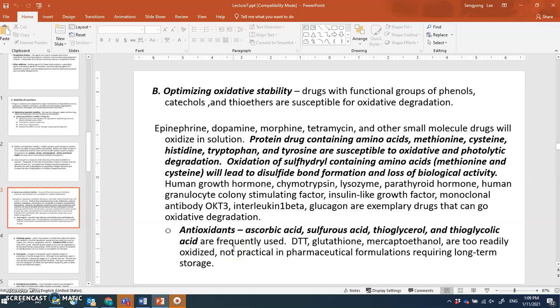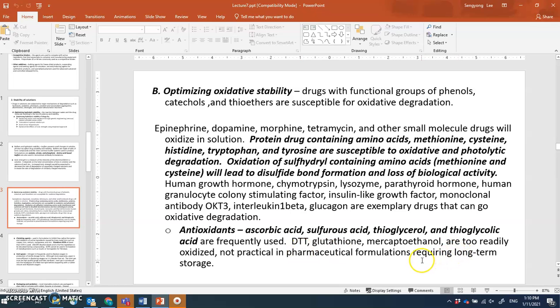And then we probably talked about before DTT, dithiothreitol, and glutathione, which are naturally made reducing agents found in cells, and mercaptoethanol. They are too readily oxidized, so they are not practical in pharmaceutical formulations, although they may be good for your experimental formulation in vitro, but not good in pharmaceutical formulation. That's what it means.